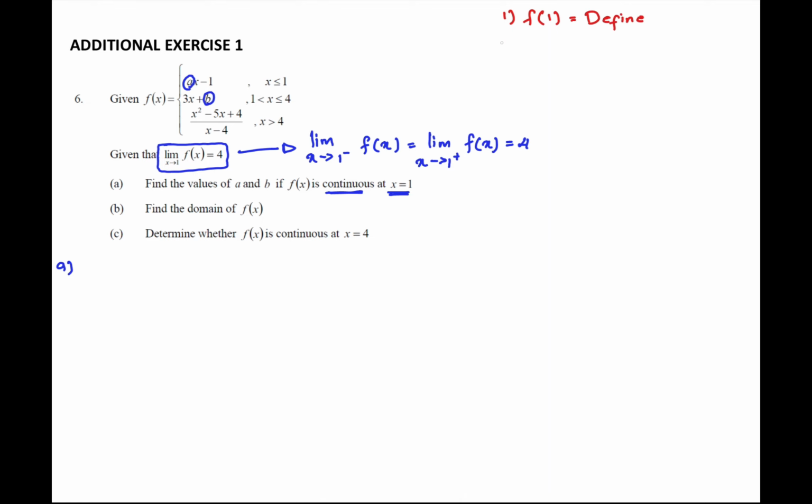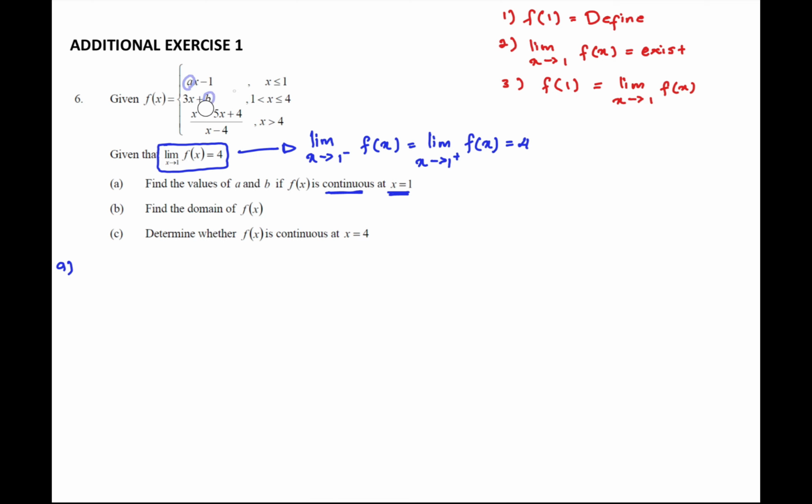Number 2, the limit as x approaches 1 for f(x) exists. And number 3, f(1) must be equal to the limit as x approaches 1 for f(x), meaning that number 1 should be equal to number 2. So for this case, this function is continuous at x equal to 1, and we want to find the value of a and b.